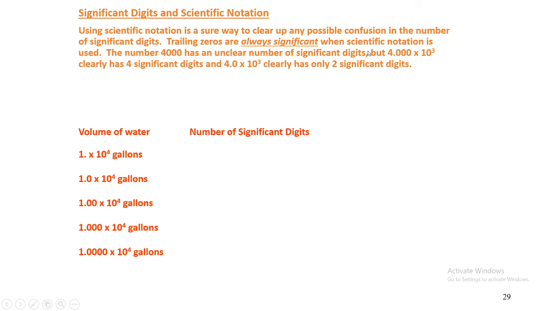This means the same as this, but this is more accurate and more precise. So you have 1 significant figure here, 2 significant figures here, 3 significant figures here, 4 significant figures here, and 5 significant figures here. I keep saying figures, but you can say figures or digits.